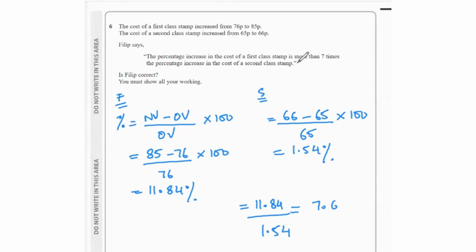So that is correct according to his statement because it is more than 7 times. So yes, he is correct. More than 7 times. So you can just show that.